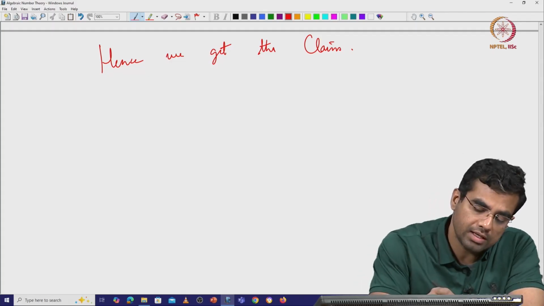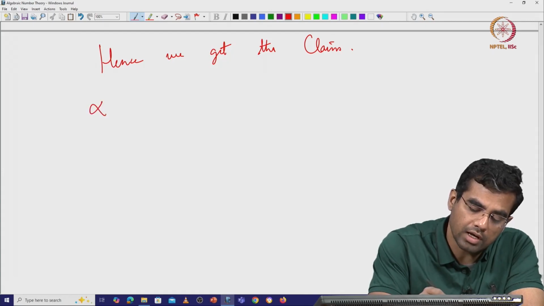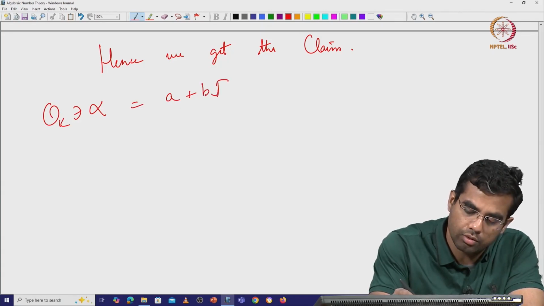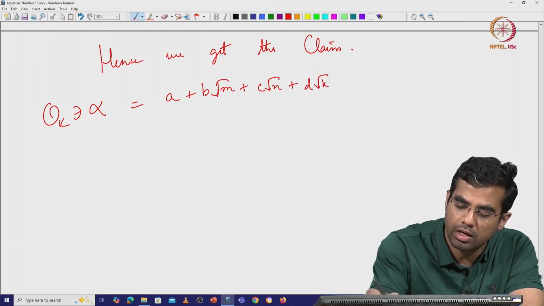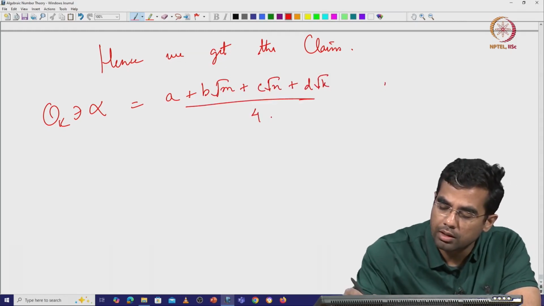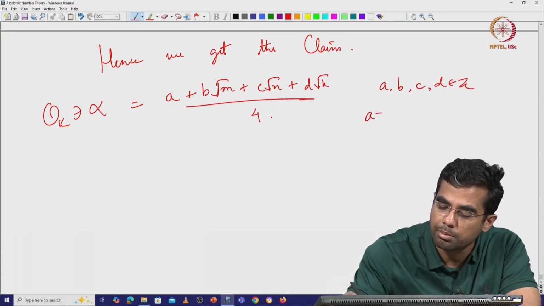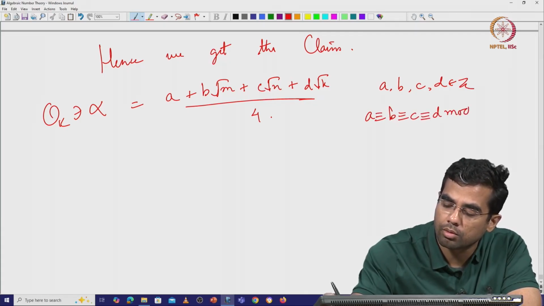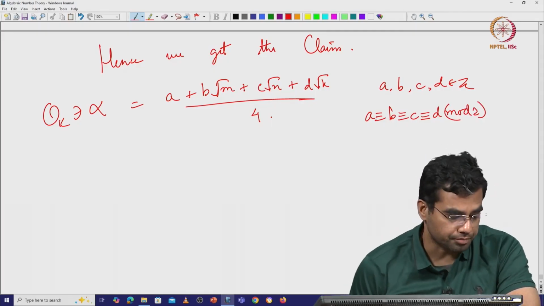Okay. So now the next claim is the following. What we have is alpha in O_K, which is of the form (a plus b√m plus c√n plus d√k)/4, where a, b, c, d are integers and they have the same parity mod 2. So either all of them are even or all of them are odd.